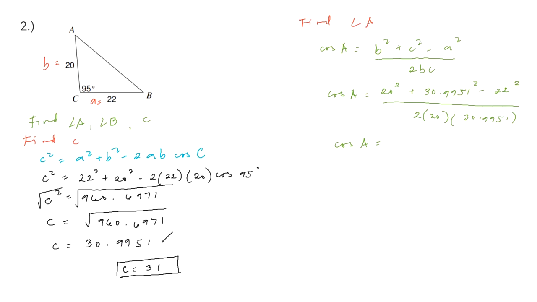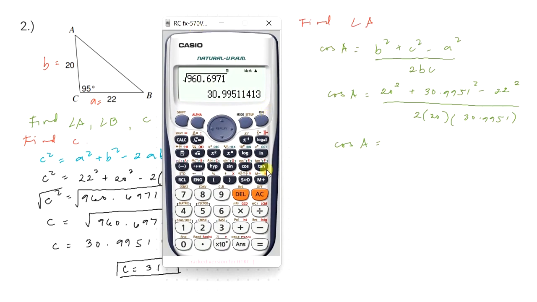Let's simplify: 20 squared plus 30.9951 squared minus 22 squared, all over 2 times 20 times 30.9951. Put it in parentheses to avoid math errors. That is equal to 0.7071, still up to 4 decimal places.